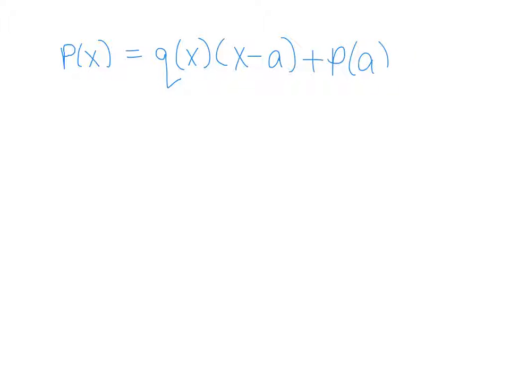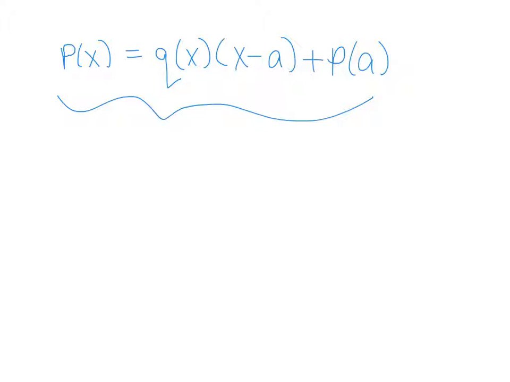Okay, a little bit of discussion for that one. So remember, for any polynomial function p and real number a, we can say that p of x equals q of x, the quotient, times x minus a plus p of a. The remainder theorem says that there exists a polynomial q such that all of this.